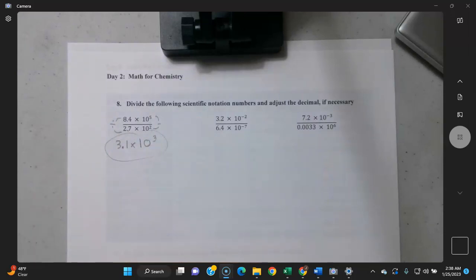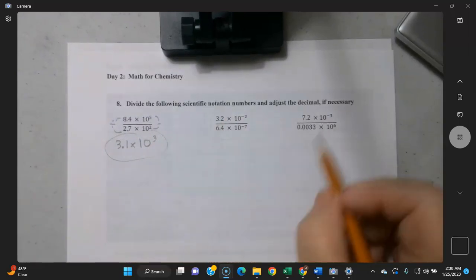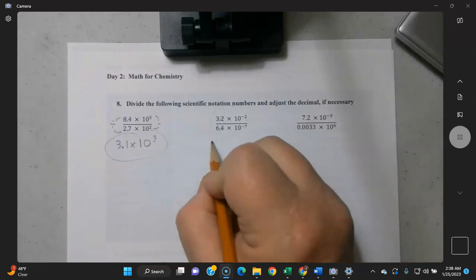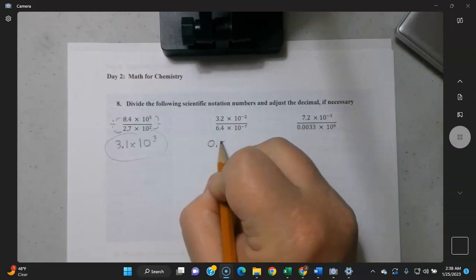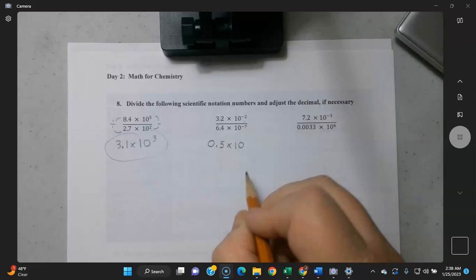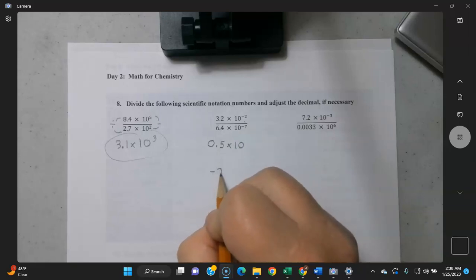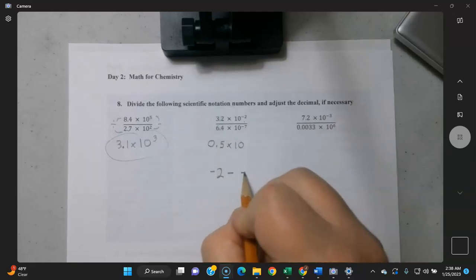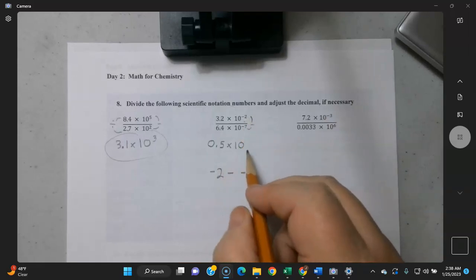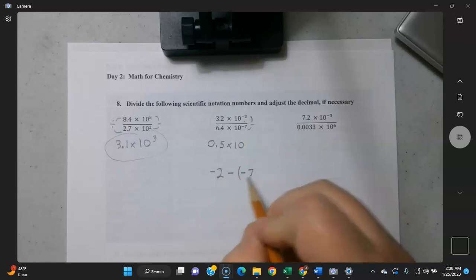Okay? How about this one? We'll do this one. I'll leave this one for you. 3.2 divided by 6.4 is going to be 0.5 times 10. And be careful. This down here is negative 2 minus negative 7. Negative 2, there's a minus sign there, minus negative 7.